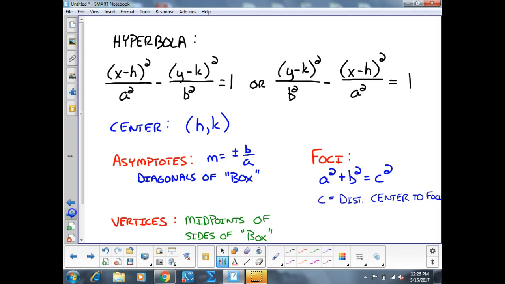Or option 2, your center is on the y-axis. Or option 3, you use the point slope form, which is y minus y sub 1 equals m times x minus x sub 1, where you use the center point to do that with a positive slope and then with a negative slope. It's two different calculations.